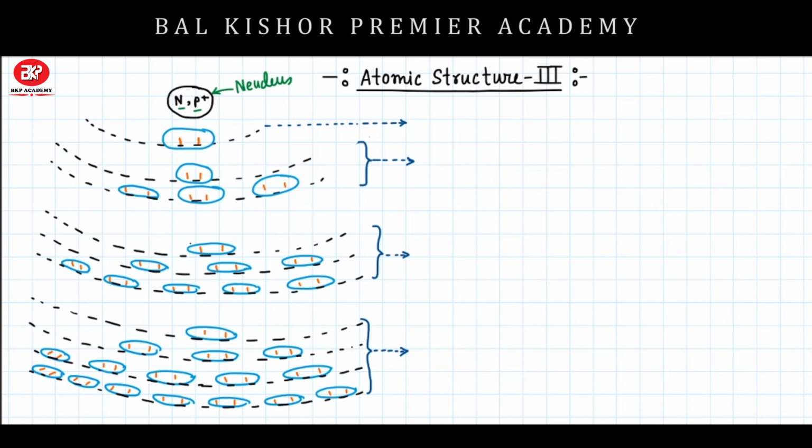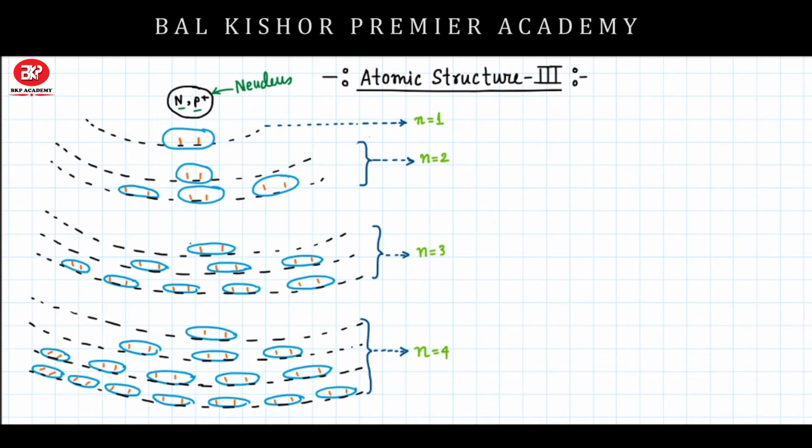Now we can say that these are the different energy levels. This is the energy level 1, so I am writing small n equals 1. Here it is n equals 2, this is n equals 3, and here it is n equals 4.